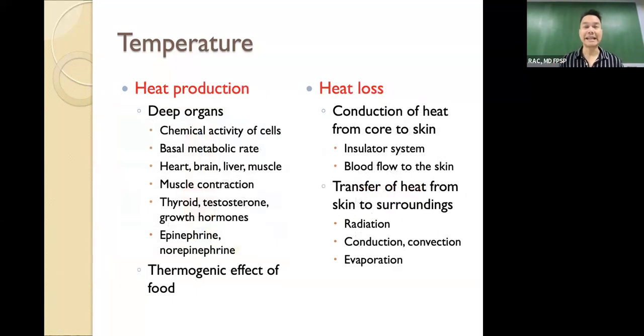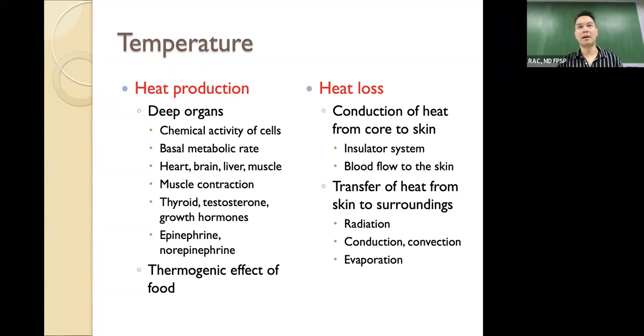Okay, so how is heat produced by the body? Core temperature is basically due to the metabolism and the chemical reactions occurring within the cells of our body, more notably the skeletal muscles and the visceral organs like the heart, brain, and liver. All of these organs have their basal metabolic rate, and they are responsible for generating the core temperature.